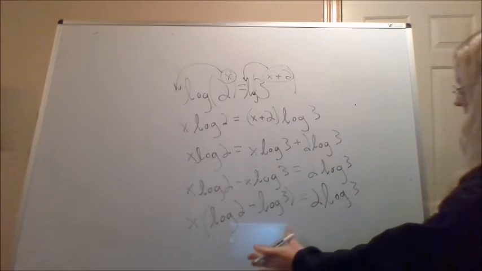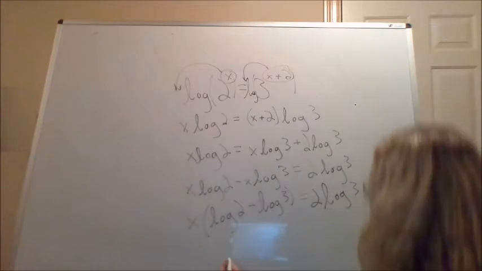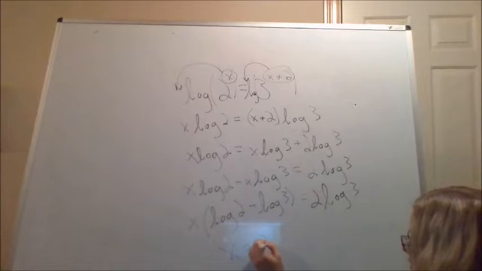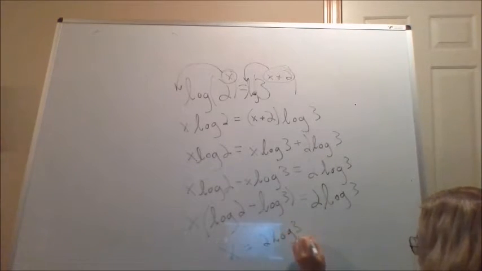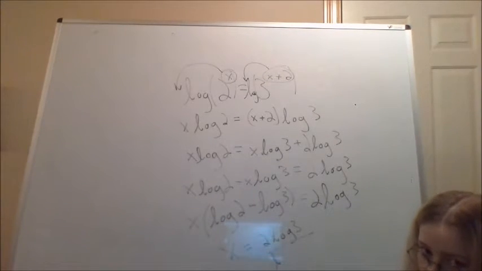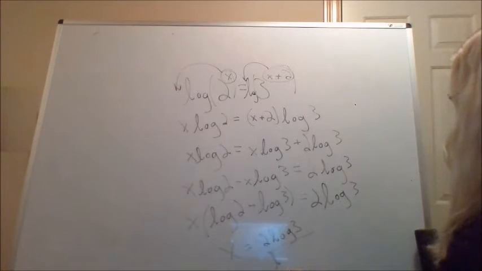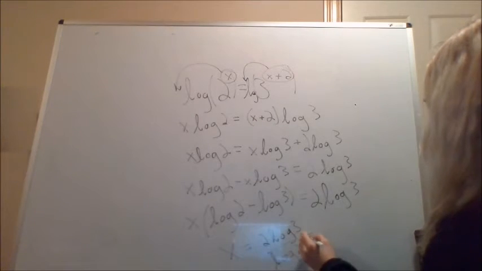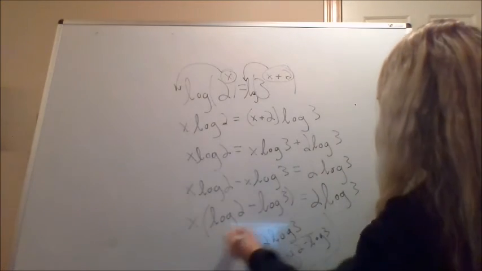And now if we divide both sides by the quantity log 2 minus log 3, x equals 2 log of 3 divided by, this is very crooked, can everyone see this? 2 log of 3 divided by log of 2 minus log of 3.